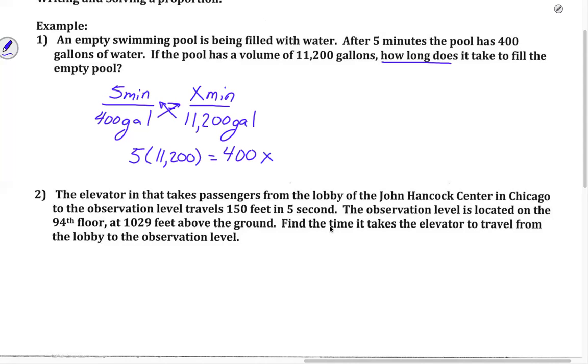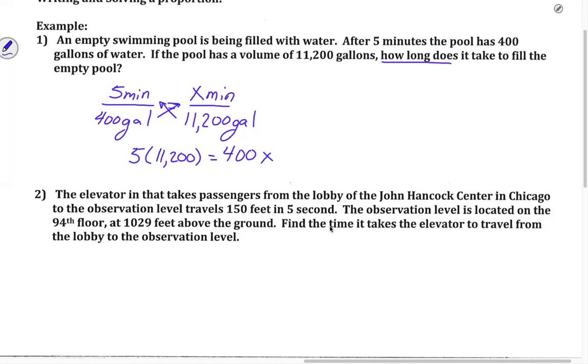Maddie, do you see where I got that from? Ali, do you see where I got that from? This is hard, I know, but do you see where I got it from? You see where I got the 5 over 400 equals x over 11,200? You see where I cross multiplied and I did 5 times 11,200 equals 400 times x?